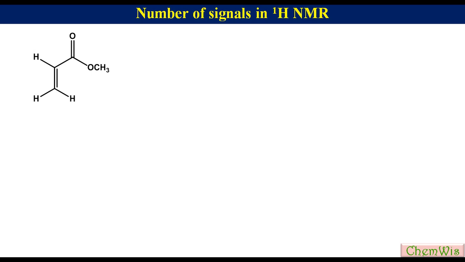So label them as A, B and C. Methyl ester proton is clearly different, so label it as D. So methyl acrylate with 4 different sets of protons will have 4 signals in the proton NMR.